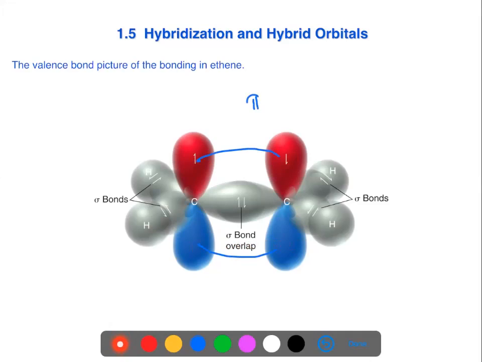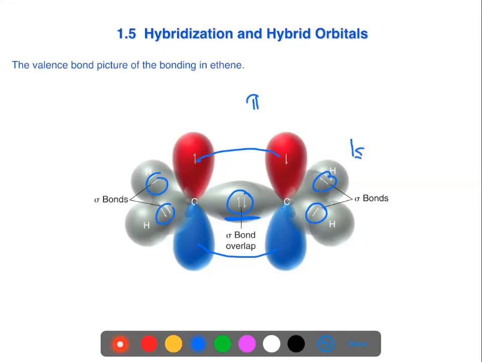So a pi bond is the result of overlap between two p orbitals, and all the other bonds in this example are the result of overlapping sp2 hybridized orbitals with either another sp2 hybridized orbital, which is shown for this sigma bond between the two carbons, or we have an sp2 hybrid overlapping with the 1s orbital of the hydrogens attached.